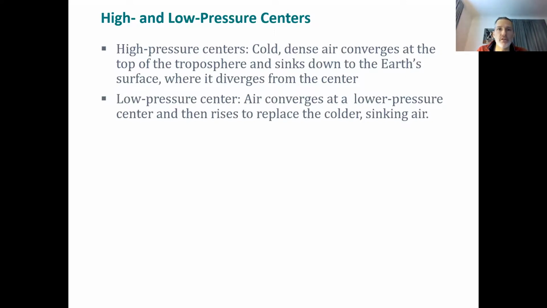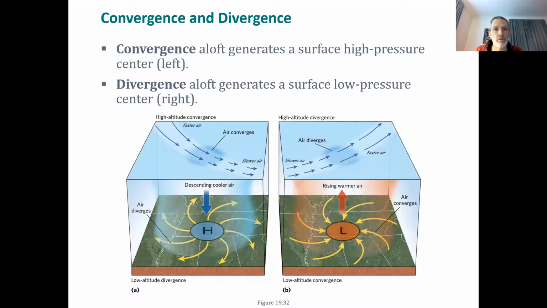A low pressure center is going to cause air to rush towards the center, and due to the Coriolis effect, it's going to move in a counterclockwise fashion. High pressure centers are going to move away from the center, moving in a clockwise fashion. And so it's going to diverge in the center. And so if we start looking at convergence of air and divergence of air at the Earth's surface, the exact opposite is going to be occurring at high altitude.